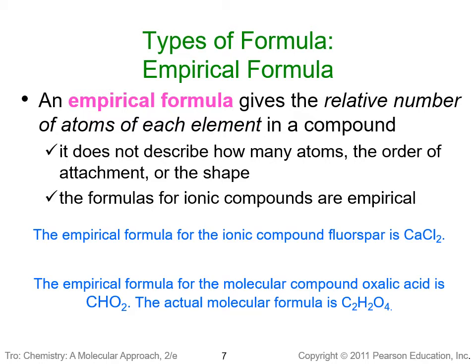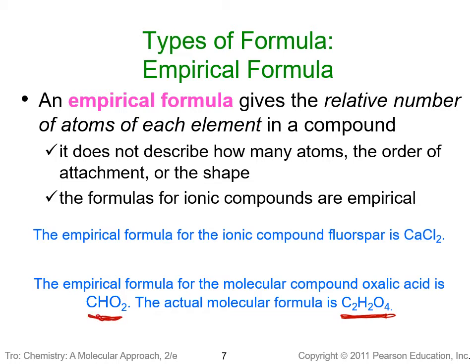When we get to molecular compounds, we can still write empirical formulas, but molecular compounds are not always written as empirical formulas. The molecular formula tells us the number of carbons, hydrogens, and oxygens that are attached to each other.